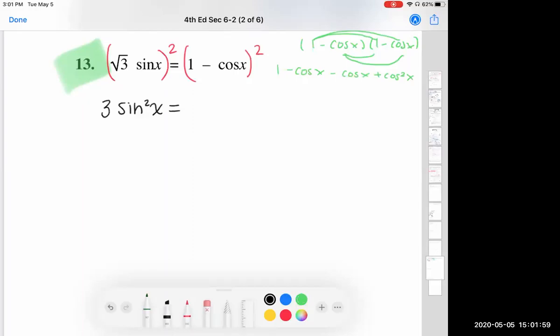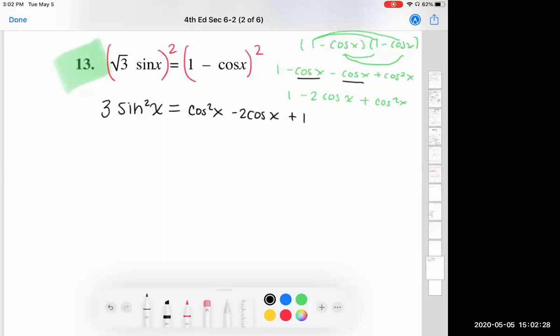So we can combine like terms to be 1 minus 2 cosine x plus cosine squared x. So you can write your square first: cosine squared x minus 2 cosine of x plus 1.